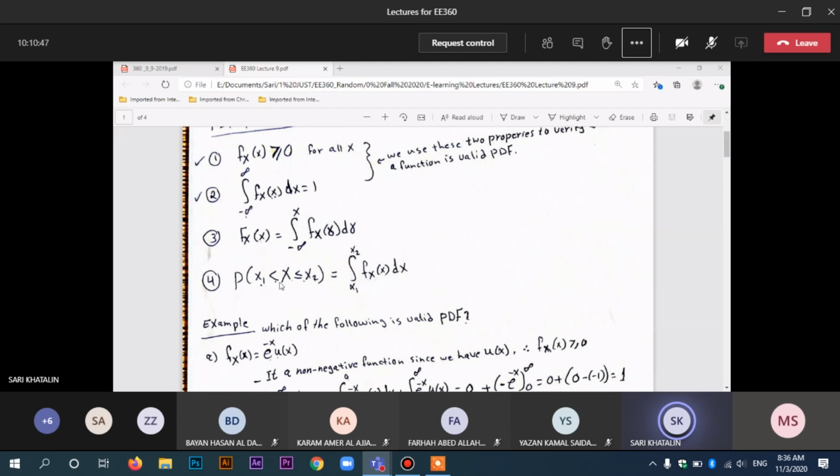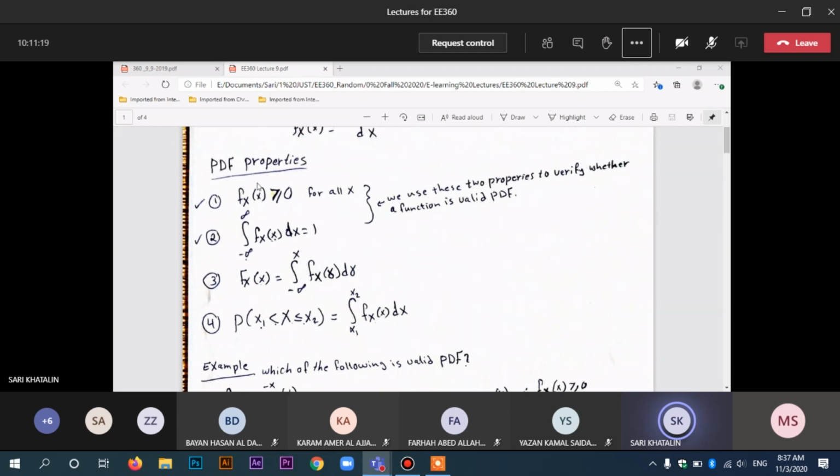If you go back to the CDF, the same probability can be found by taking F_X of x2 minus F_X of x1, the difference between them. So it will give you the same answer. If you have the PDF, you can find it in this form, and if you have the CDF, you can find it in the other form.